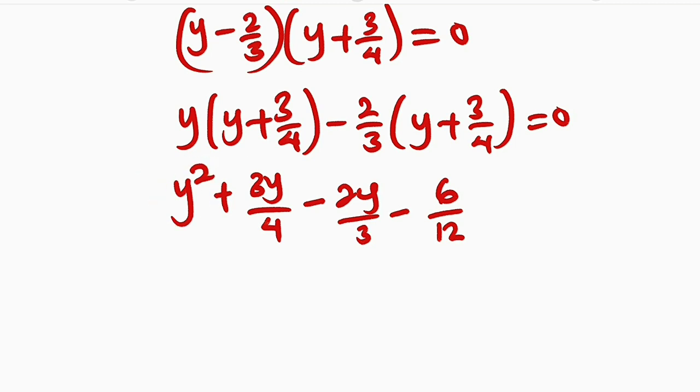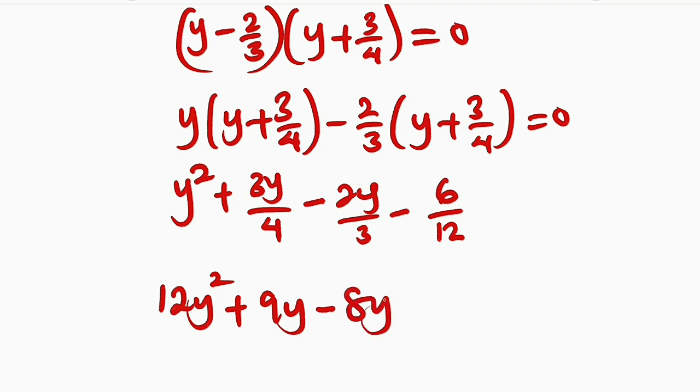So y squared times 12 is 12y squared, plus the whole of this times 12. 4 will divide 12 3 times, and 3 times 3y is 9y, minus this times 12. 3 will divide 12 4 times, and 4 times 2 is 8y, then minus 6, because 12 will divide 12.